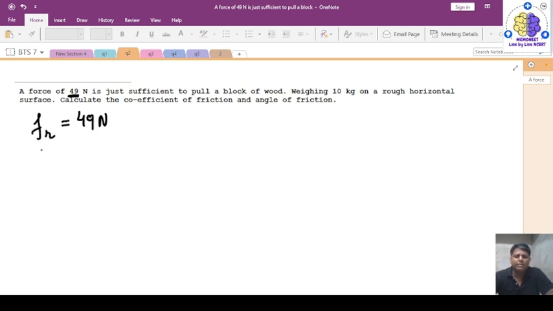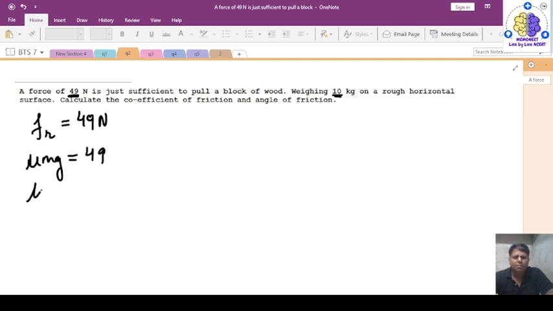Now, if this is the limiting frictional force, the frictional force is given by mu m g, because here the weight of the body is equal to 49. What they have given to us is that the mass of the body is 10 kg, and we need to find the coefficient of friction.